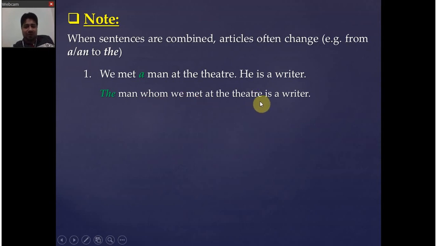This phrase defines which man we're talking about. It's not any man anymore. It does not refer to anybody. It refers particularly to that man whom we met at the theater. That's why now the man is definite, and we have to use the as a definite article, right?